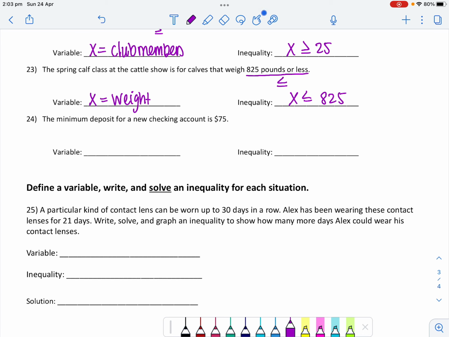The minimum deposit, so minimum is going to be greater than or equal to, because minimum is the lowest you can be. For a new checking account is $75, so X is going to be deposit amount. And X has to be greater than or equal to $75.